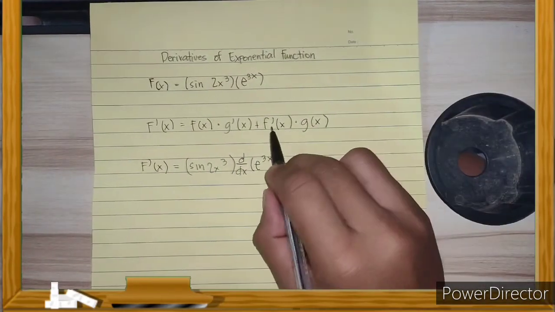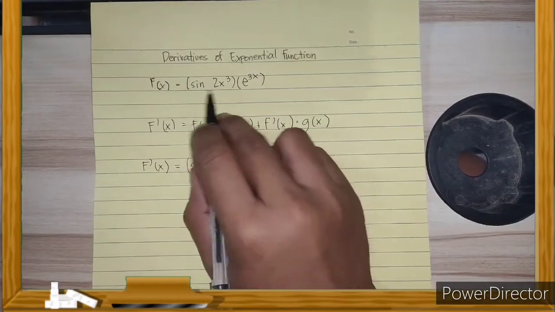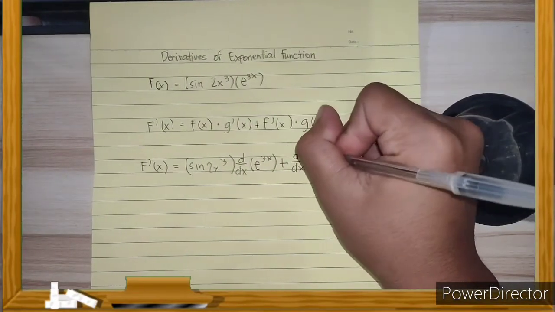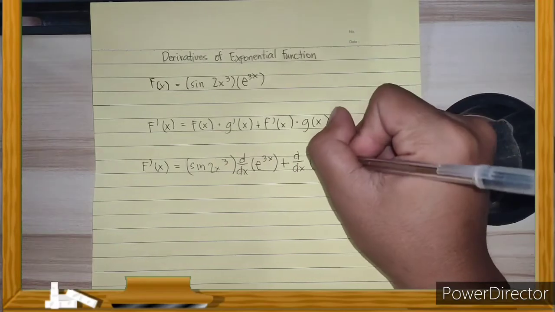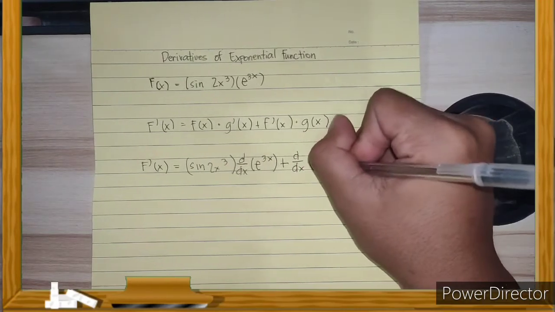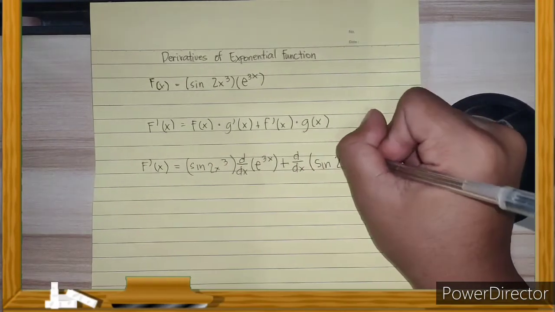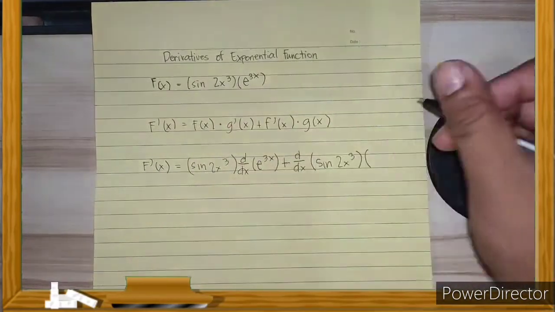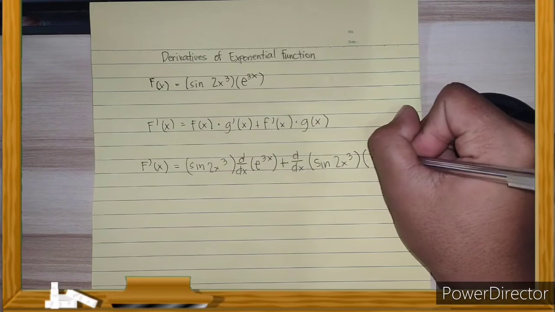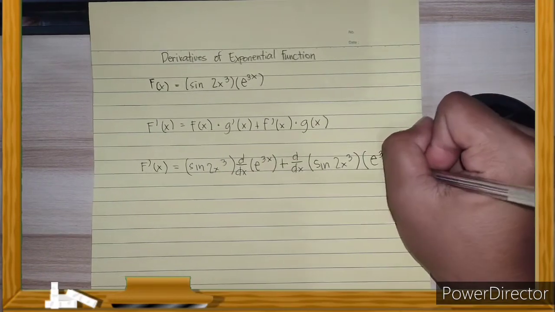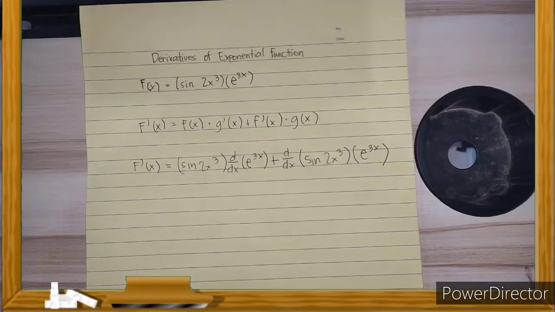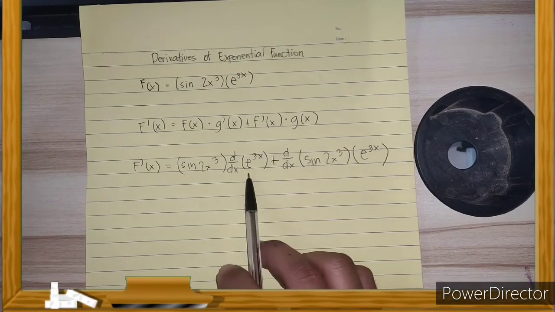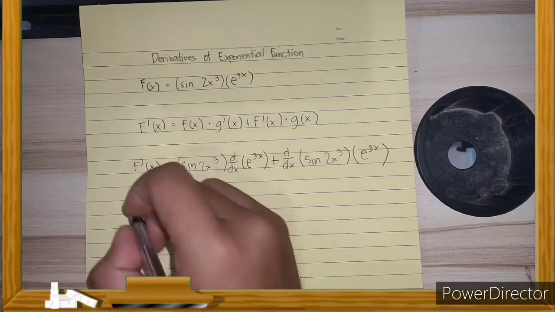Plus the f prime of x, which is the derivative of our f of x. And then times our g of x, which is e raised to 3x. So next, in order to get the derivative of our g of x, we should use the e raised to u rules.